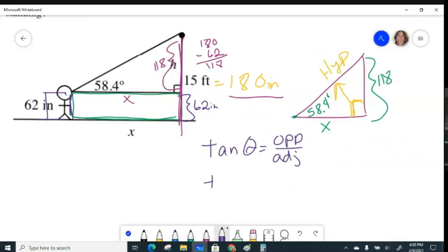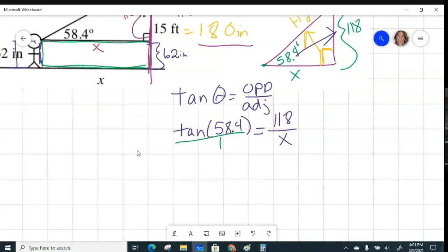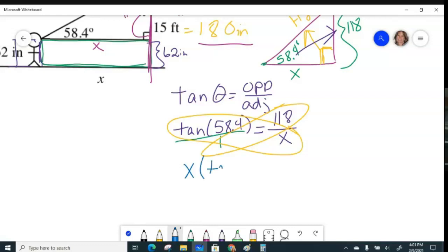So that's going to be the tangent of 58.4 equal to our opposite side, opposite of our angle, 118 over x. Once again, we're going to put that over 1 and cross multiply. And since my x is on the bottom, we are going to end up having to divide.